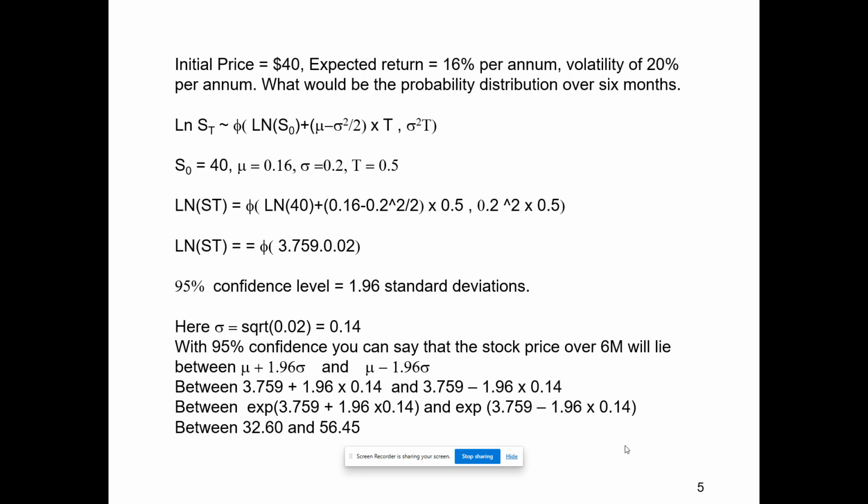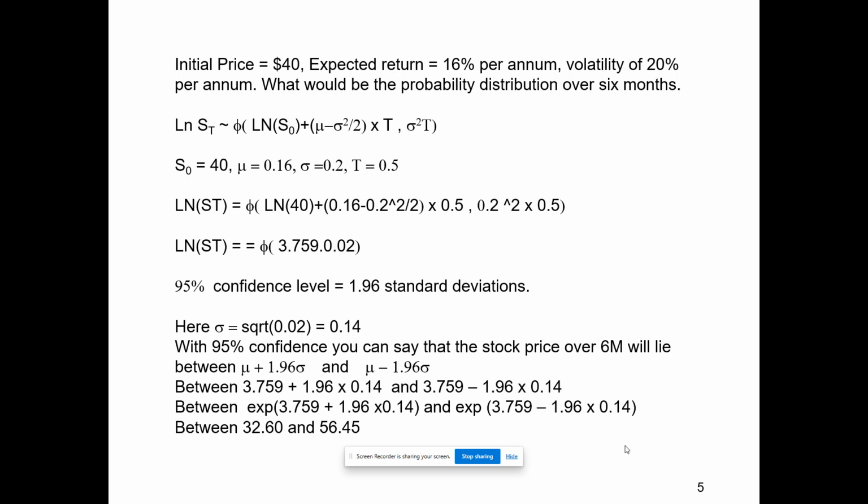So with 95% confidence, you can say that the stock price, or whatever price you're measuring over the 6 months, which could also be a currency or a commodity, would lie between mu plus 1.96 sigma and mu minus 1.96 sigma. That gives you a range of 32.6 and 56.45.